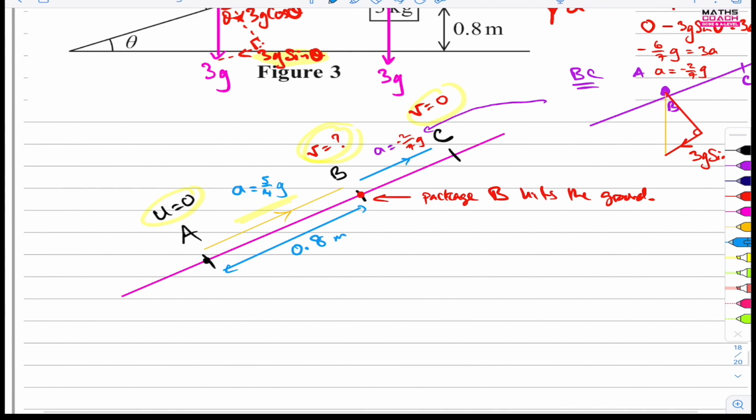So if we apply that to SUVAT, s equals 0.8, u equals 0, v is what we want to work out, a is equal to 5 over 14g.